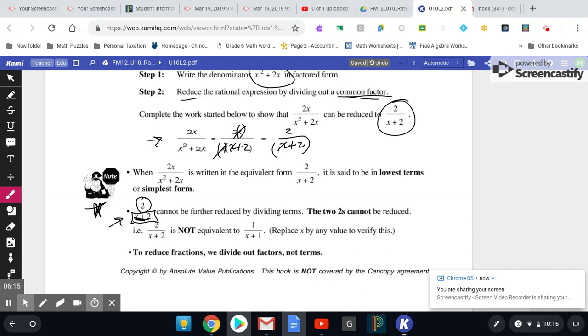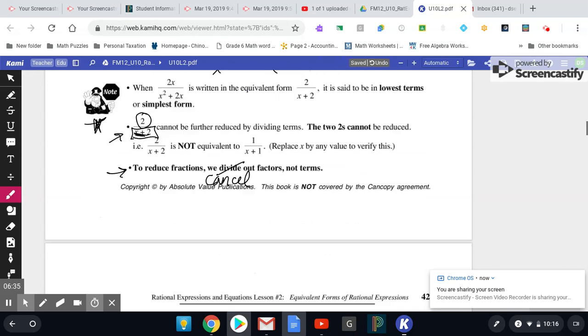It's not alone. You can only cancel if they are multiplied together, not added, like this 2 is added to the x. So, big point: to reduce fractions, you divide out factors, or I'm going to say cancel factors, not individual terms. And I'll show you what I mean. Let's turn the page.